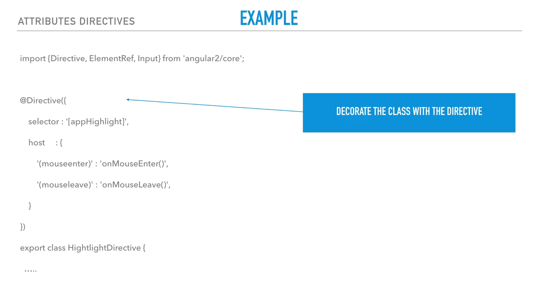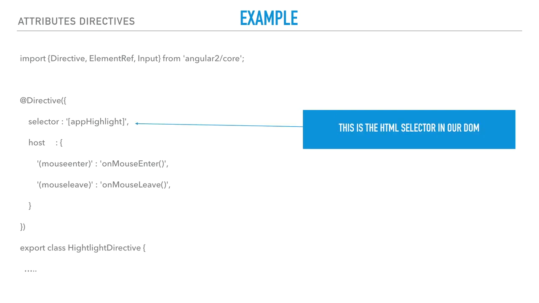As always, we are saying this class, in this case, is a directive. We have a selector. This is going to be the DOM selector for our directive. Notice that in this case, it's different from the component. We are passing square brackets, as we learned in the form video. Okay, and the name of our directive.